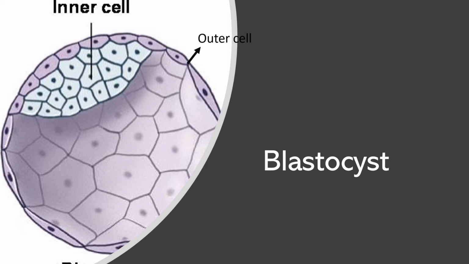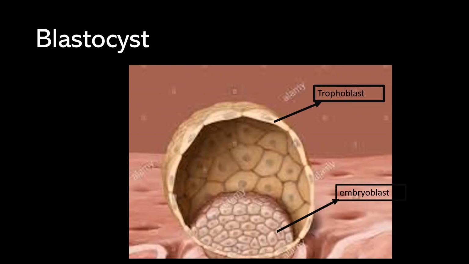Once the blastocyst formation occurs, we can visualize the inner cell mass arrangement and the outer cell layer arrangement. The inner cell mass is called the embryoblast, and the outer cell layer is called the trophoblast.